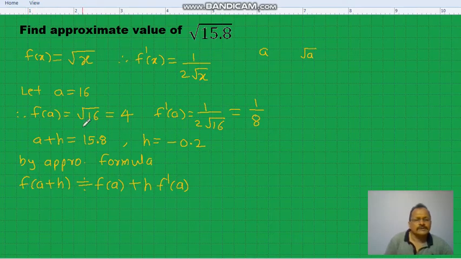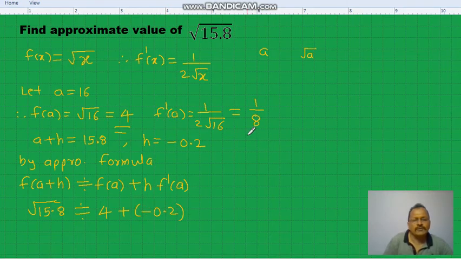F of a plus h, where a plus h is 15.8. The function is square root. So square root of 15.8 is approximately equal to f of a, we have found the value, it is equal to 4, plus h, the value of h is minus 0.2, times f dash a, we have found the value 1 by 8.